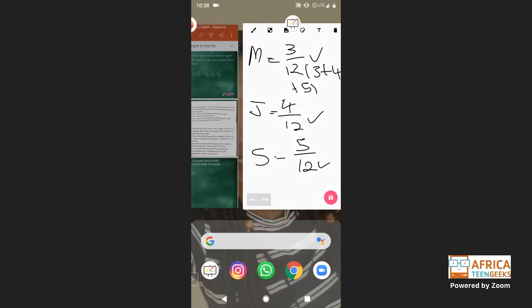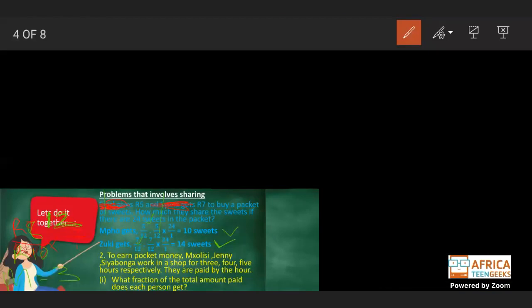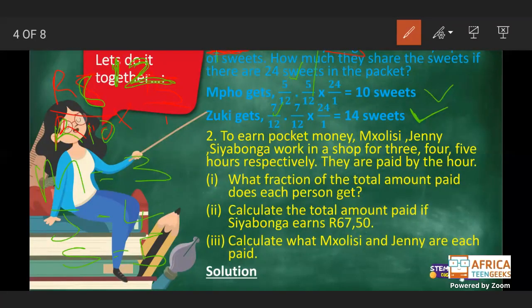So let's go to the second question. They say, calculate the total amount paid if Siyabonga earns 67 rand 50. So in this case, guys, we must know how much it is per hour, because Siyabonga worked for 5 hours and received 67 rand 50.